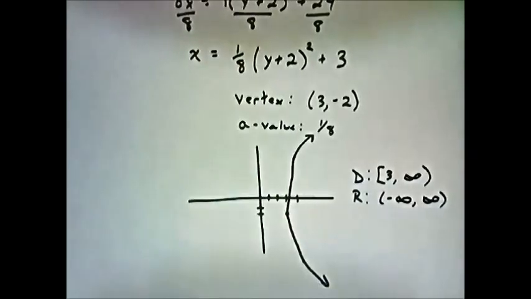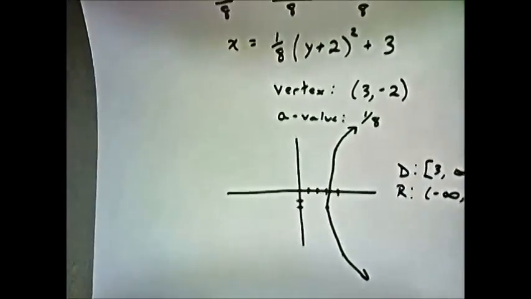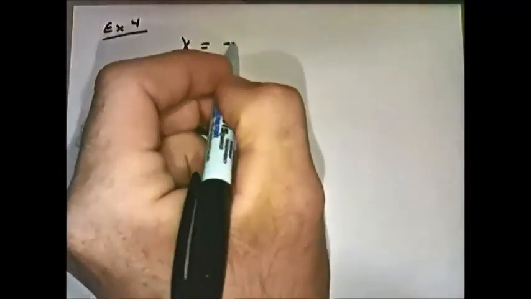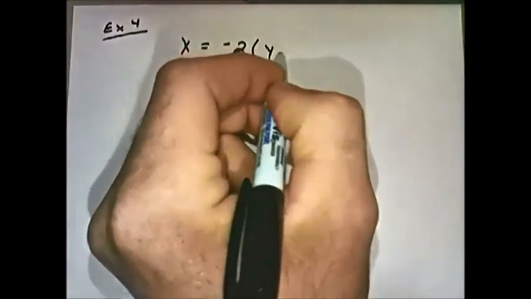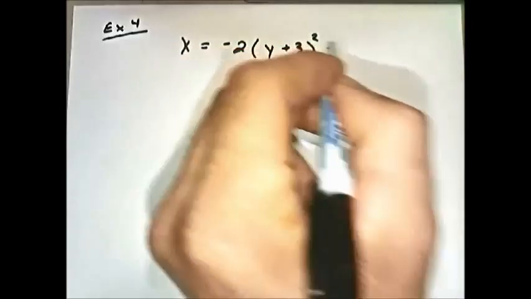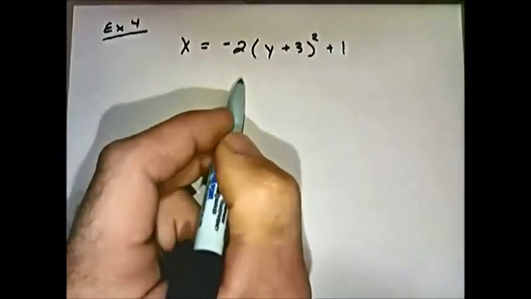Now we haven't talked about a negative a value, so let's quickly, in example 4, talk about a negative a value. And let's give it to you already in vertex form. So let's say -2 times y plus 3 squared plus 1.